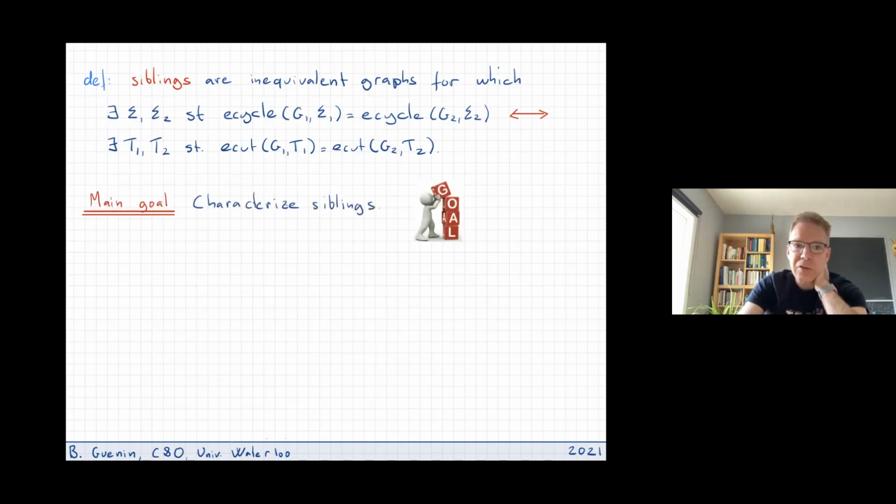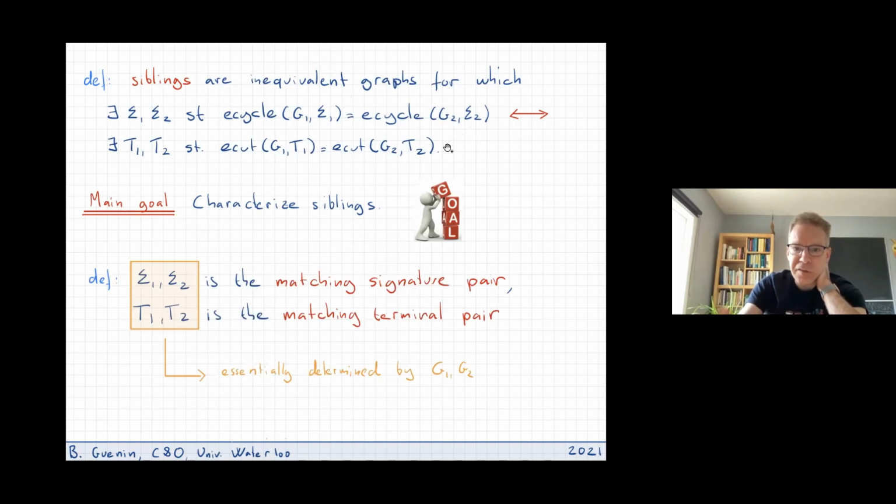And then the two questions which I mentioned before really boil down to understanding siblings. Well, you could say, I still need to figure out what choices I can do for sigma 1 and sigma 2, and what choices I can do for T1 and T2. But it turns out that essentially those are determined by the graphs G1 and G2.